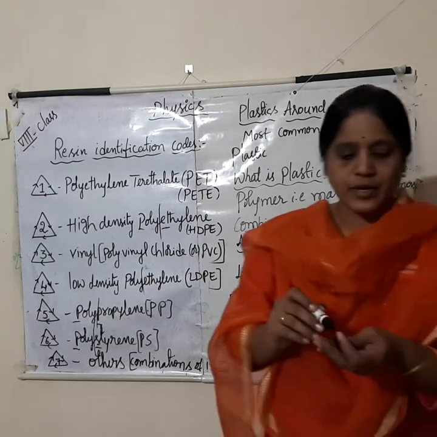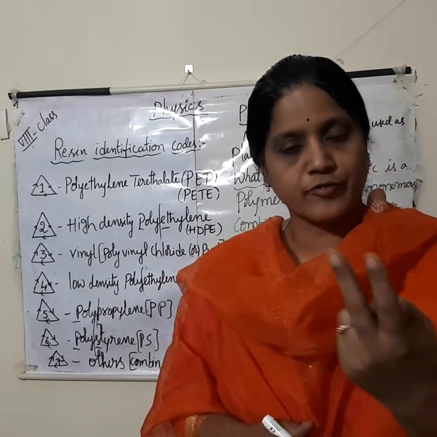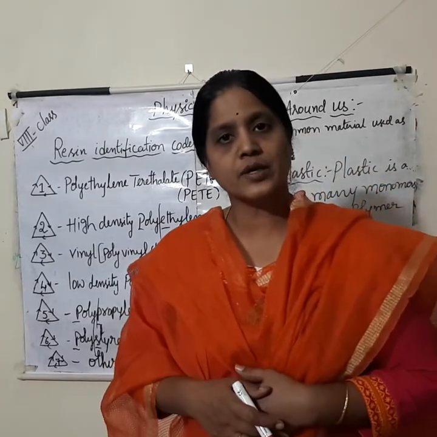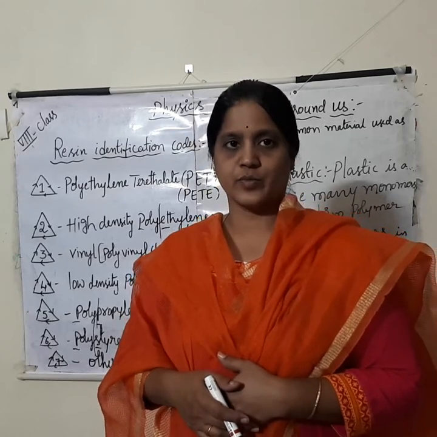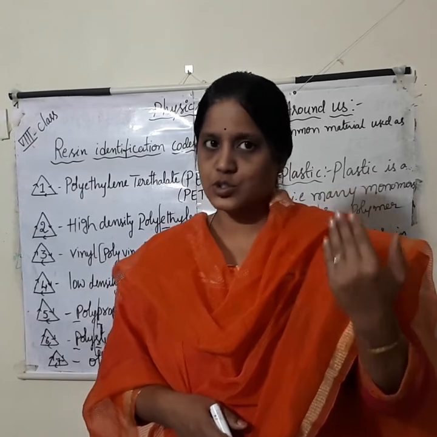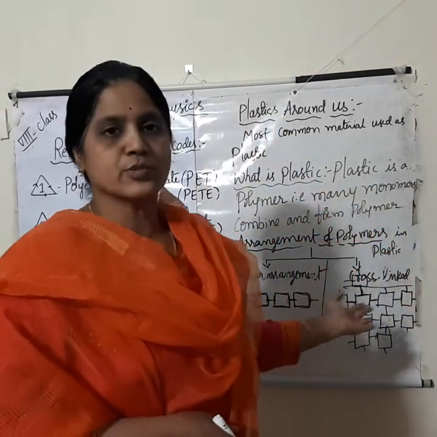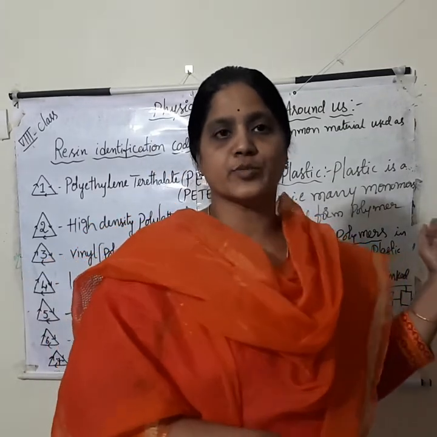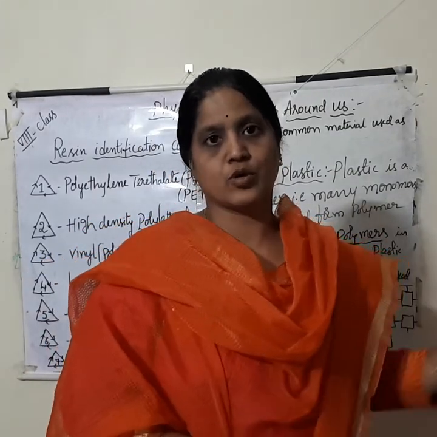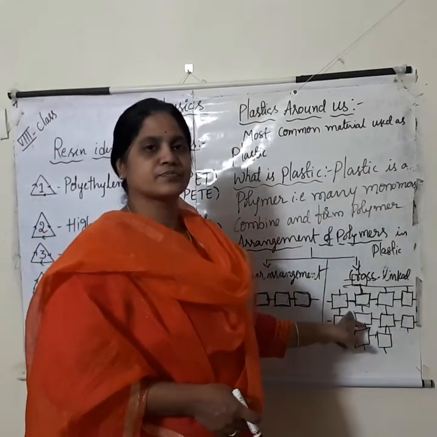Once again I am repeating, in plastics the arrangement of the monomers is of two types: linear arrangement and cross-linked arrangement. In 1 mark or 2 marks questions, they have asked many times to draw the shapes of the linear arrangement and the cross-linked arrangement of the monomers of a plastic. So you must draw these two.